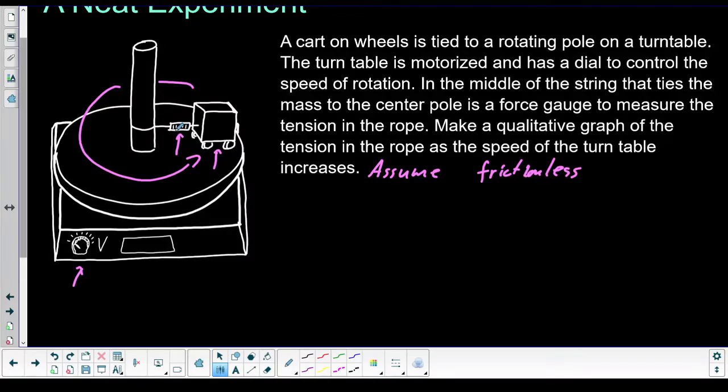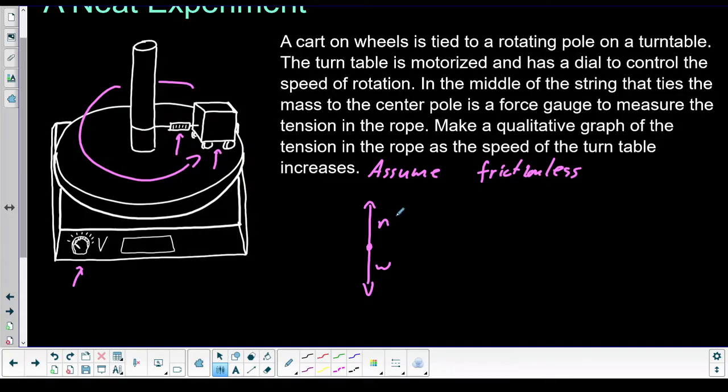So the first thing we should do to think about this problem, because it's not even really a problem, right? It doesn't give you any numbers. It's just like, what's it look like? So we'll just give it a brief description. So let's start with a force diagram here. For our block, we have the weight down. We're going to have the normal force from the turntable up.